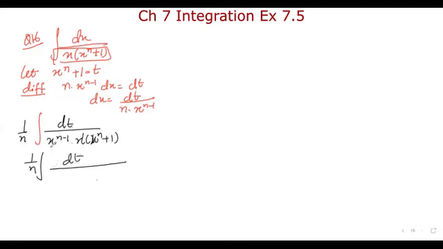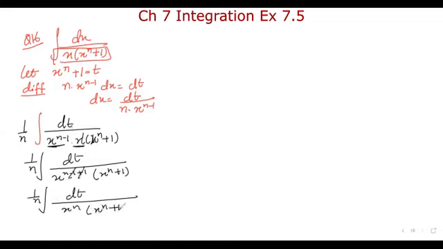So here, see, the base is the same, so powers are going to be added, n minus 1 plus 1 into x power n plus 1. So this is 1 by n integral dt. 1 and 1 will cancel. This is x power n into x power n plus 1. So this is 1 by n, integral replaced with t. x power n will be replaced with t minus 1.